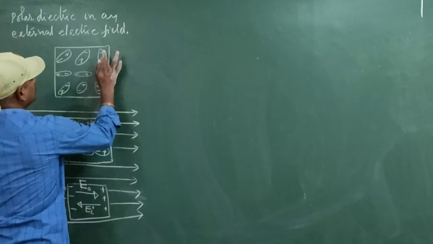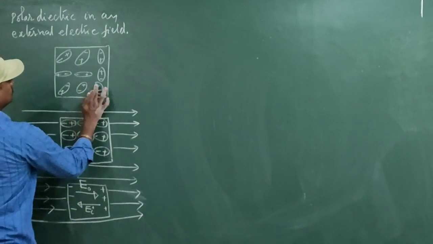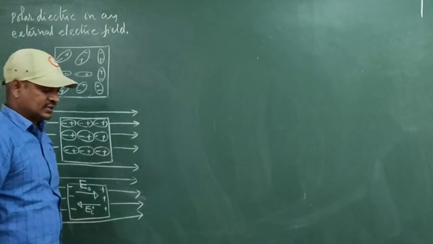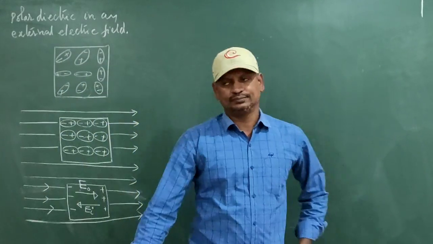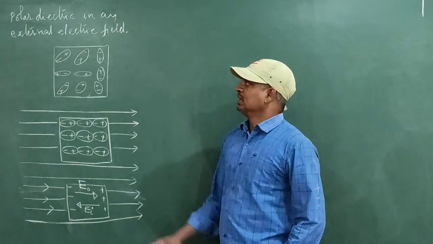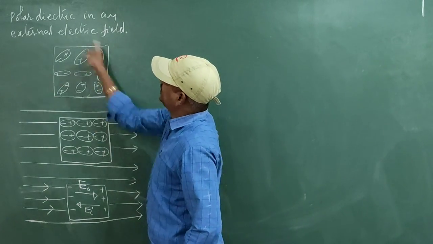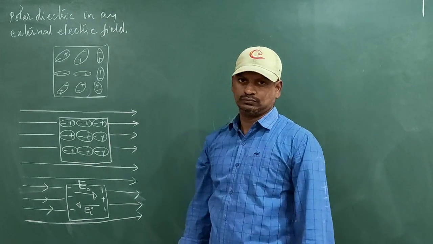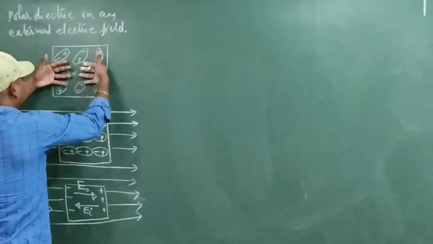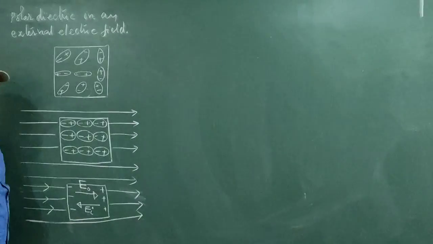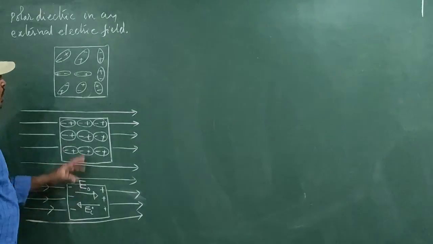Now see carefully. All the dipoles are aligned in such a way that the net dipole moment of this polar dielectric is how much? 0.